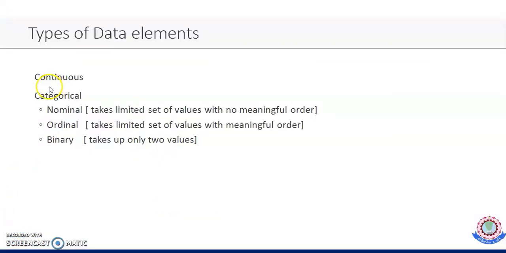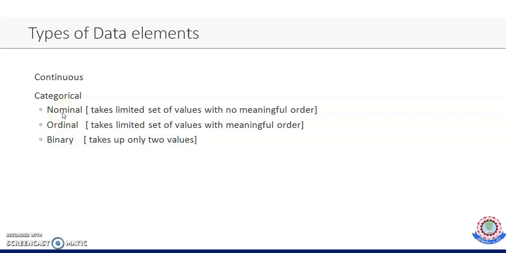This slide will give you a detailed explanation regarding the two different types of data elements, that is continuous and categorical. Continuous data values, as everyone knows, are of a numeric type, real valued numbers, and categorical is of three types: nominal, ordinal and binary.